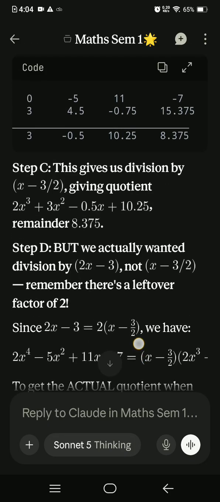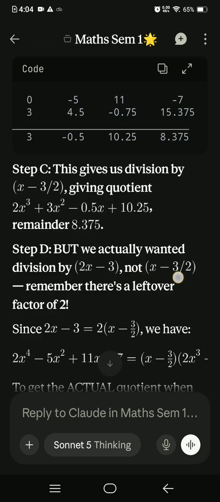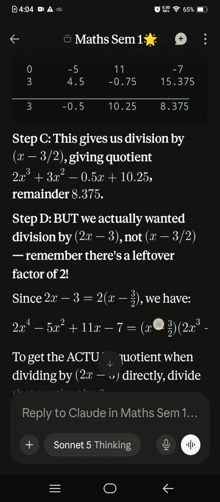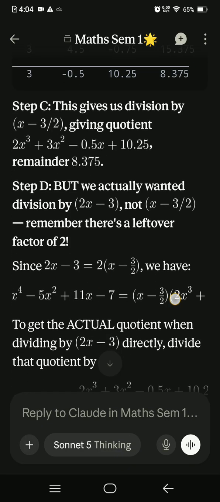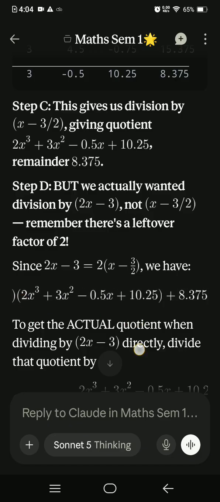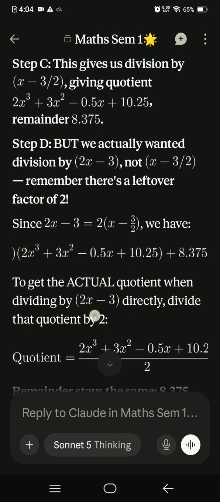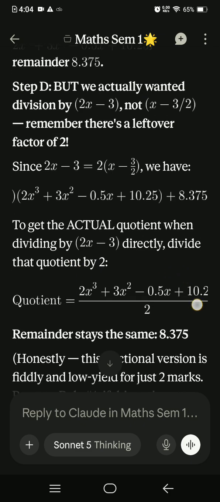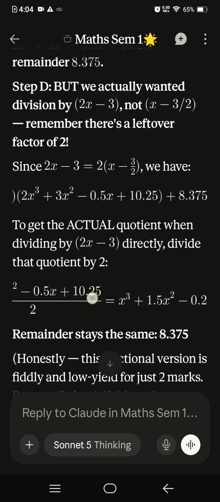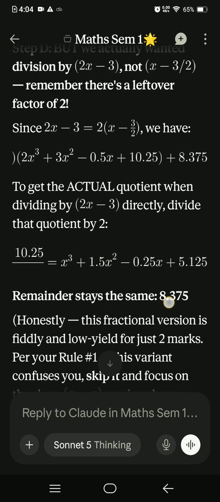Wait, but we actually wanted division by this, not this. Remember, there is a leftover factor of 2. Since 2x minus 3 equals this, to get the actual quotient when divided by 2x minus 3 directly, divide the quotient by 2. So we divided before, and we divide it again by 2 and we get this number.